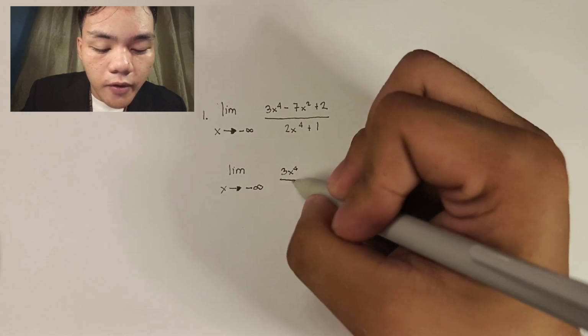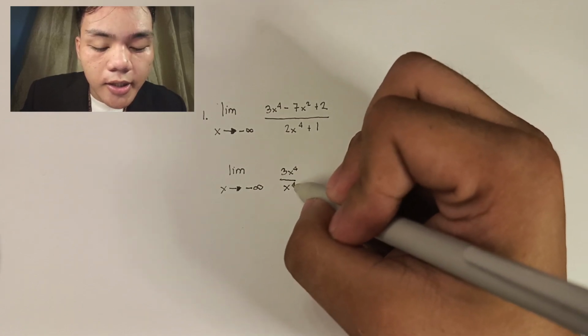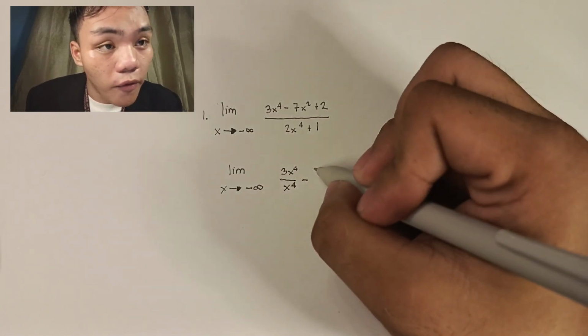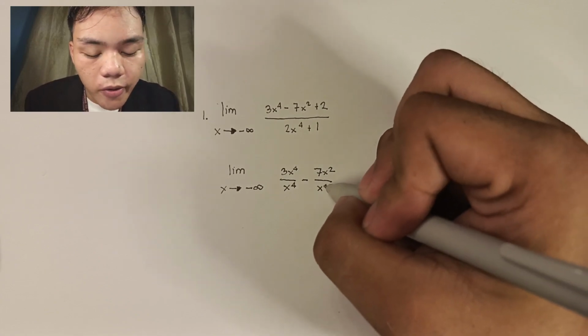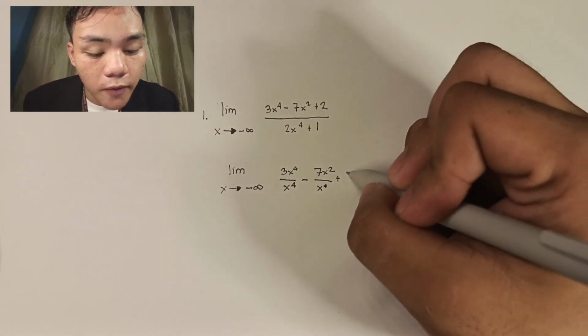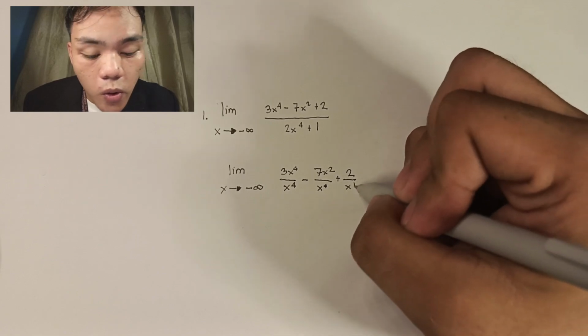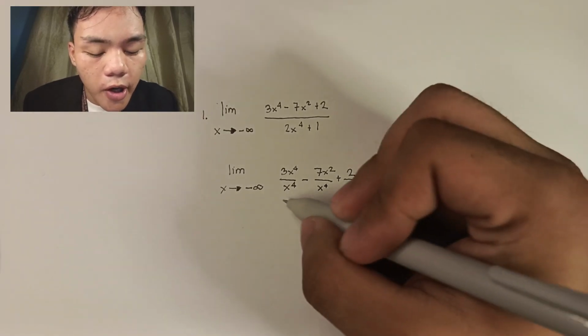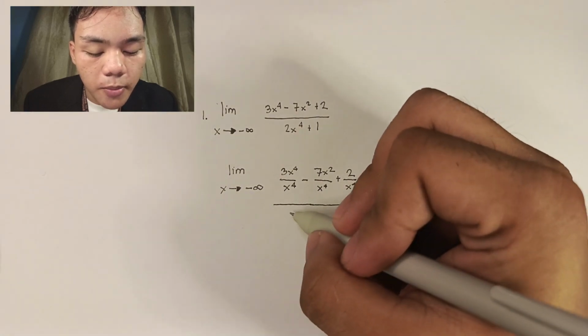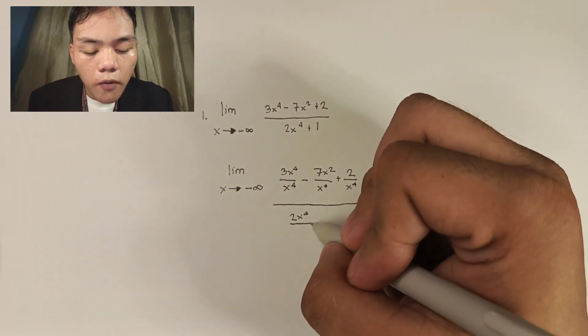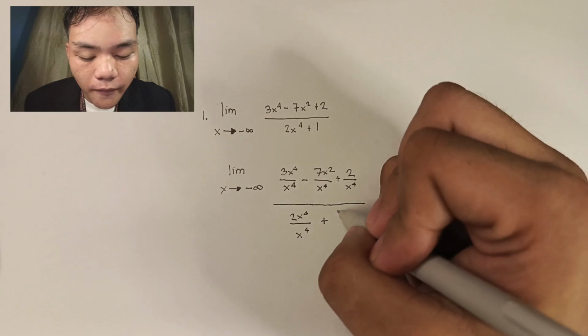So we have 3x to the power of 4 over x to the power of 4 minus 7x squared over x to the power of 4 plus 2 over x to the power of 4, all over 2x to the power of 4 over x to the power of 4 plus 1 over x to the power of 4.